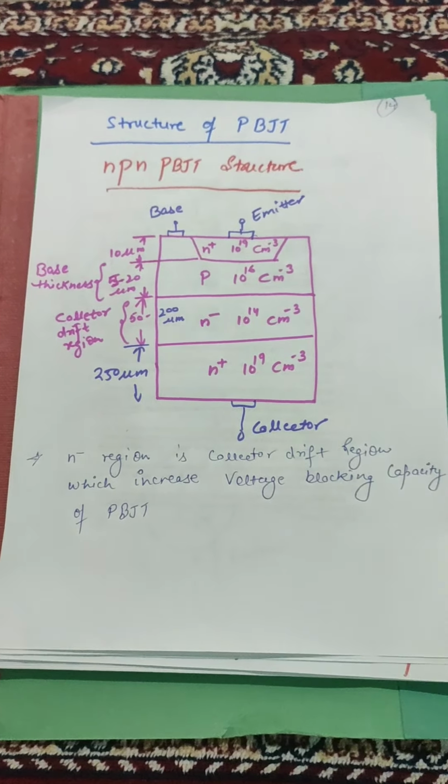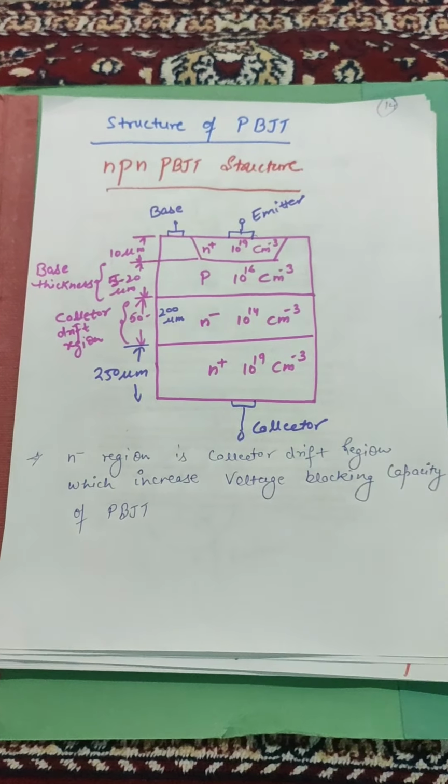So the current handling and power handling capacity is increased, because the vertical structure shows the voltage handling capacity and the cross-sectional area shows the current handling capacity. The N minus region, or drift region, is the collector drift region, which increases the voltage blocking capacity of the power BJT. As we all know, the bipolar junction transistor is a current control device.